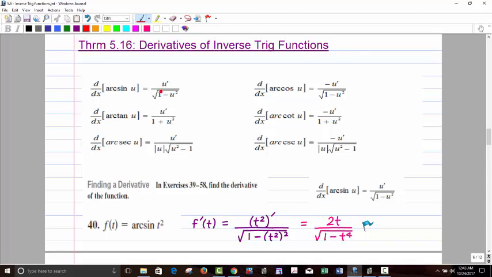Like I said, I don't make people memorize them, but one thing I do tell people, if you were taking a class where you did have to memorize them, notice that we have sine, tan, sec. If you put the word co in front of all these, co makes cosine, co-tan makes cotangent, co-sec makes cosecant.